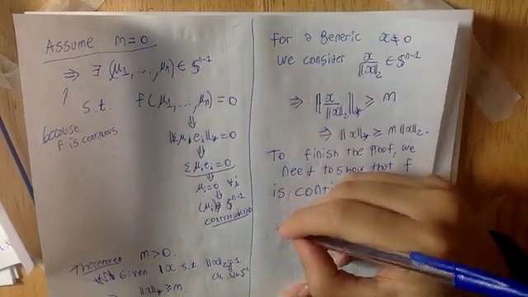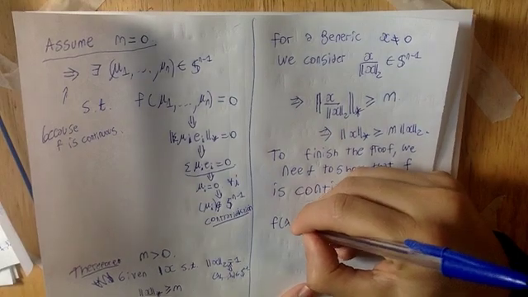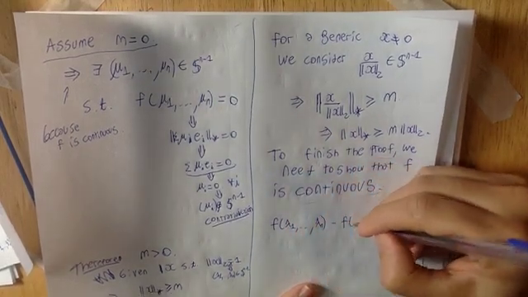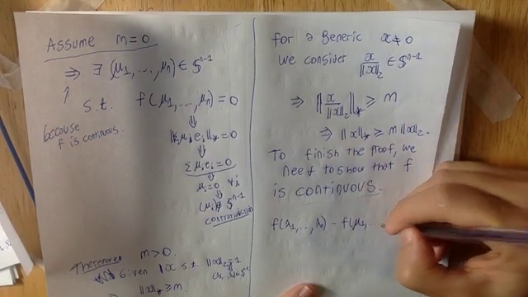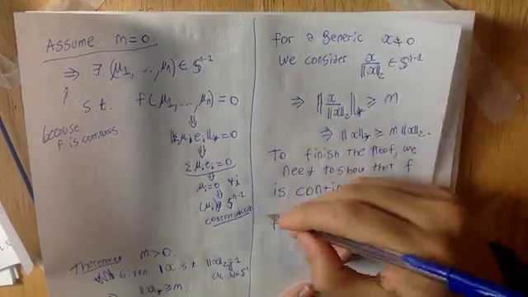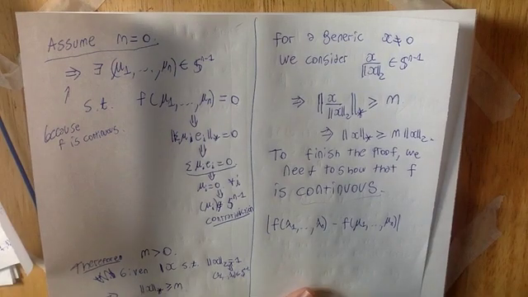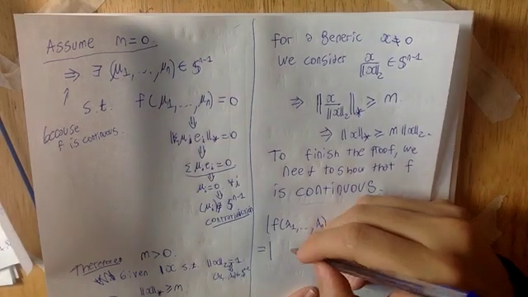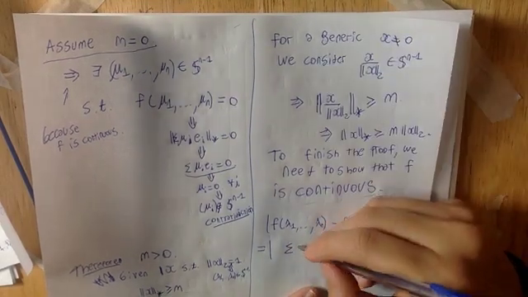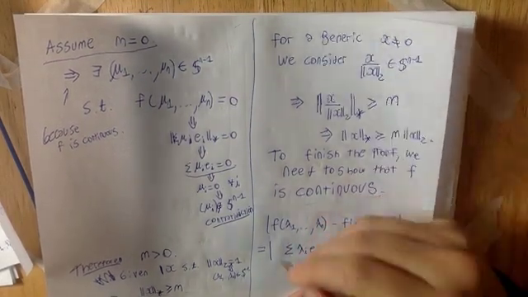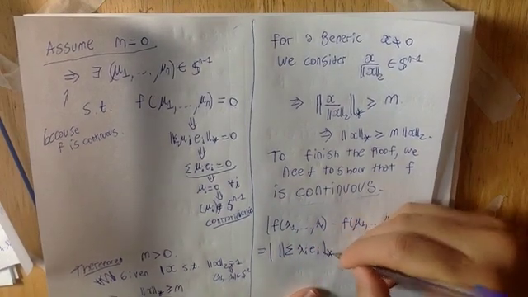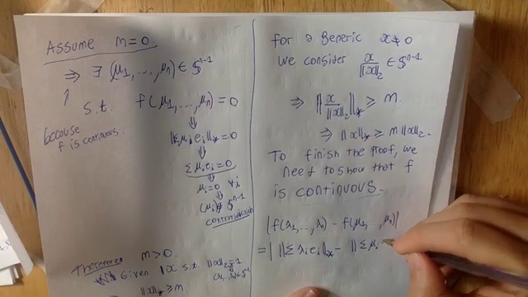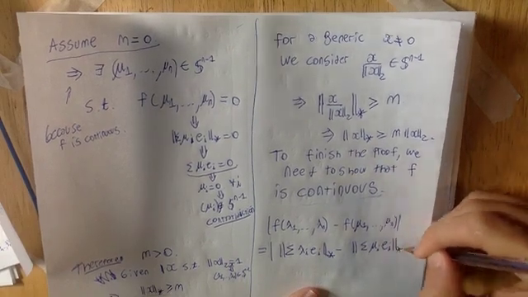And how do we do this? Let's take the absolute value of f of lambda 1 through lambda n minus f of mu 1 through mu n. This is equal to the absolute value of the sum of lambda i e_i in the star norm minus the sum of mu i e_i in the star norm.